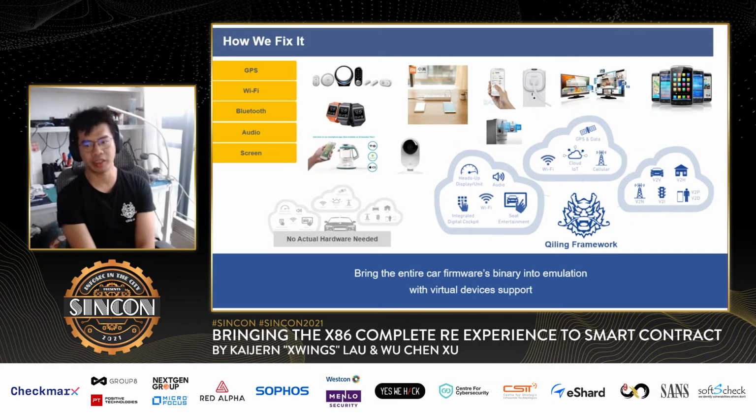So how do we fix it? How do we fix it with the Qiling framework? When we started the entire IoT analysis, we did a talk at a couple of conferences in 2018. We did bump into a lot of issues, whereby devices are the hardest thing to emulate. You have things like audio, screen, even things like GPS and cameras.